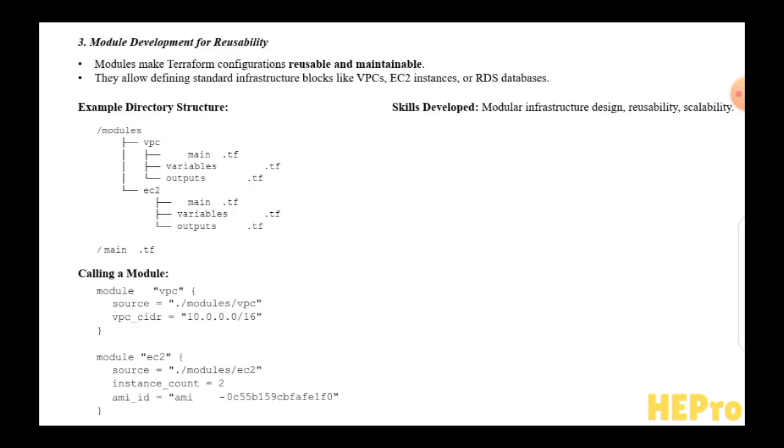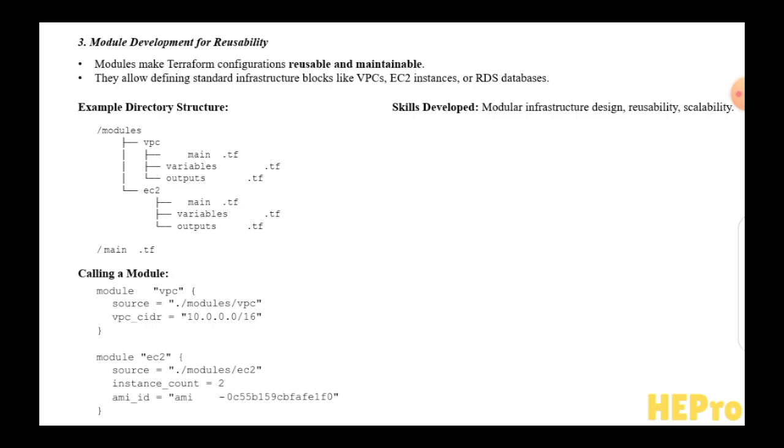In this step, you will create Terraform modules to make your infrastructure reusable and maintainable. Modules act as building blocks, letting you define standard components like VPCs, EC2 instances, or RDS databases once and reuse them across different projects. In your project, you will organize modules in a modules directory with separate folders for each resource type containing main.tf, variables.tf, and outputs.tf.